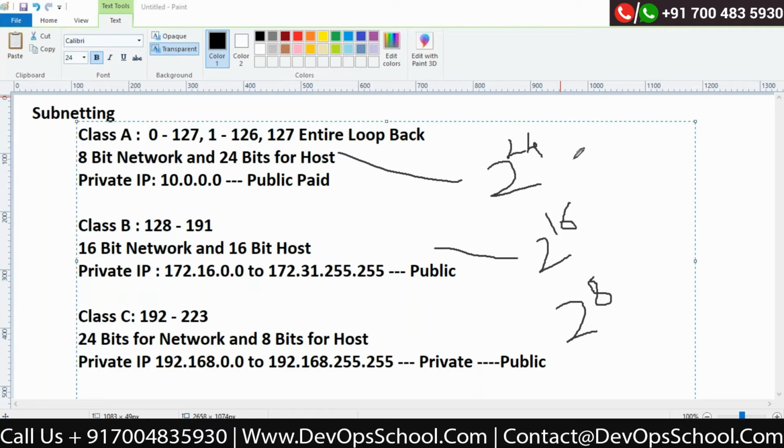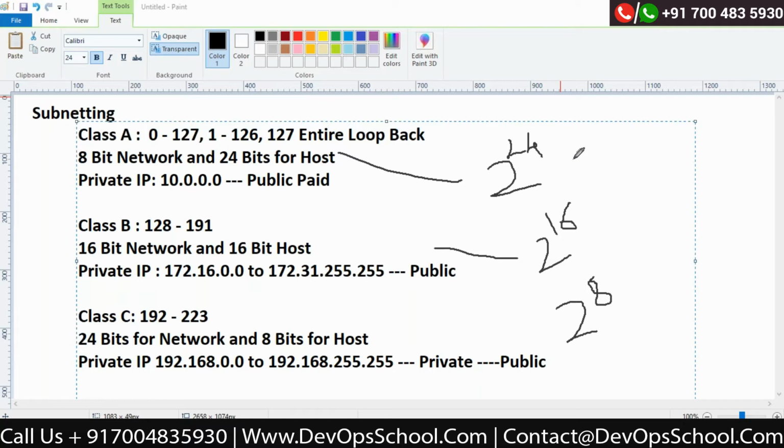correct? So in that case, I need to manage these IP addresses properly. I do not want to waste these IP addresses at all. Whatever I require, only that number of IP addresses I should use, correct? Because these numbers are fixed, and I know that class A, class B, and class C are the only classes which we are giving for usage.